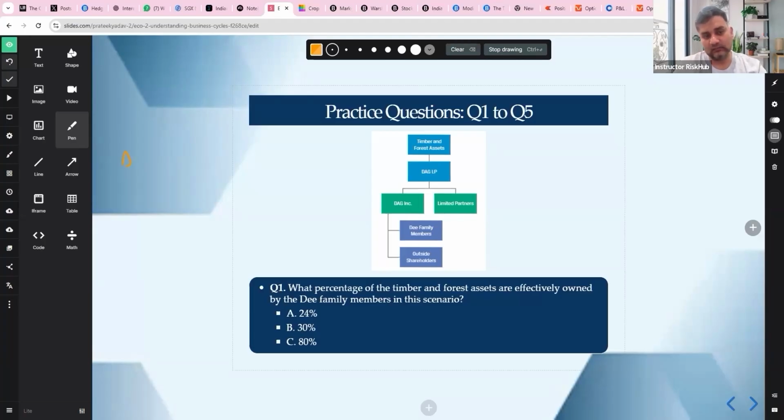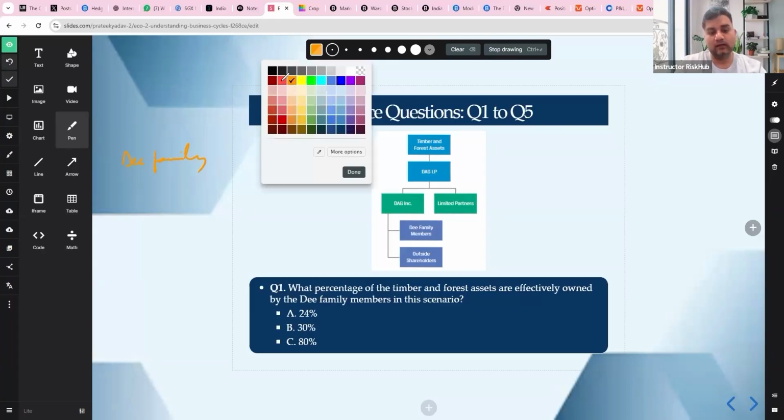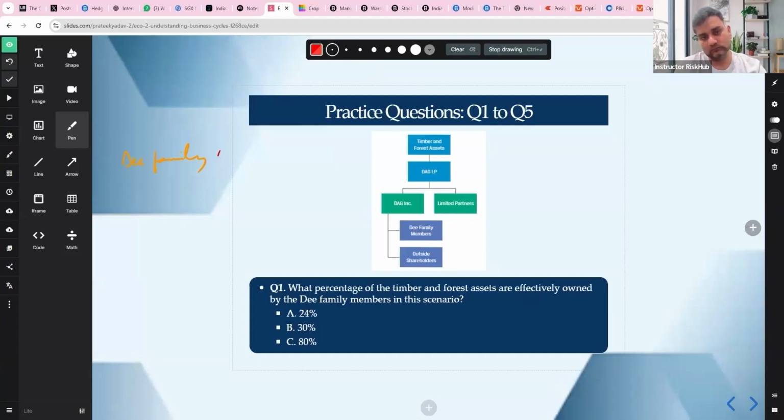So the D family owns 30% of DAG Inc. And DAG Inc. owns 80% of DAG LP.